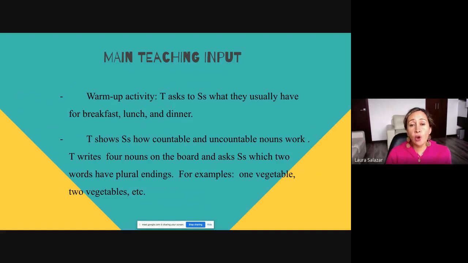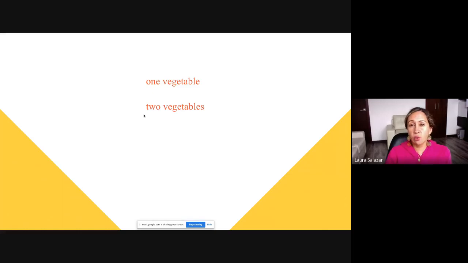Teacher will write 4 nouns on the board and ask students which 2 words have a plural ending. So for example, the teacher will write these on the board, and students need to tell the teacher which one of these has a plural ending: 1 vegetable or 2 vegetables. That in this case is going to be the 2 vegetables.